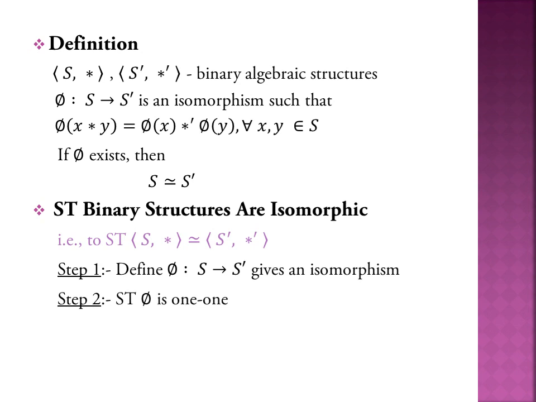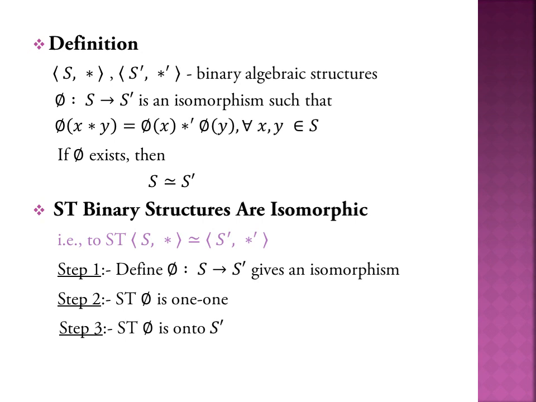Step 2: show that phi is a one-to-one function. That is, suppose that phi of x equals phi of y in S' and deduce from this that x equals y in S. That is, phi of x equals phi of y implies x equals y.